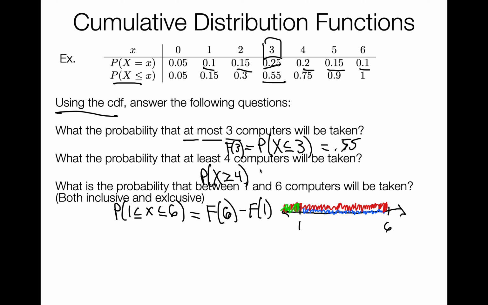So F of 6 minus F of 1 is 1 minus 0.15, which gets us 0.85. And so the answer to that part is 0.85.